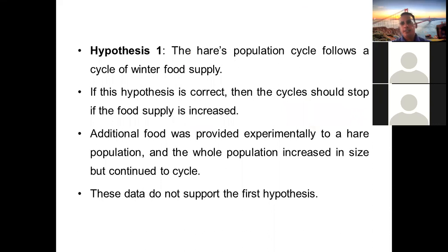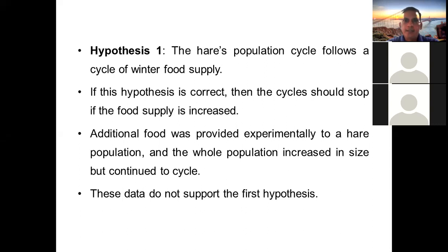Now there have been a couple of hypotheses regarding this. One of the hypotheses that was speculated was that the hare's population cycle follows a cycle of winter food supply. In the climatic conditions where these animals are living, there is a cycle where the season changes.